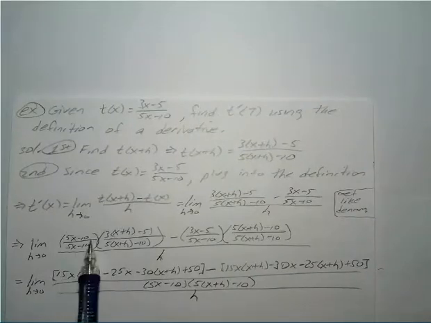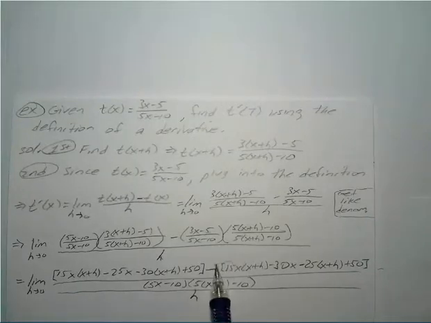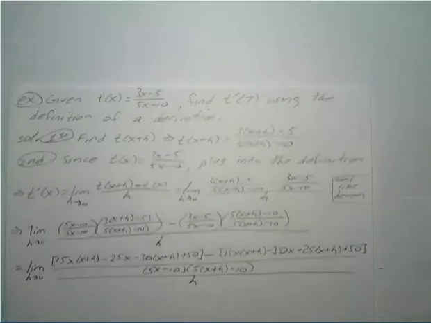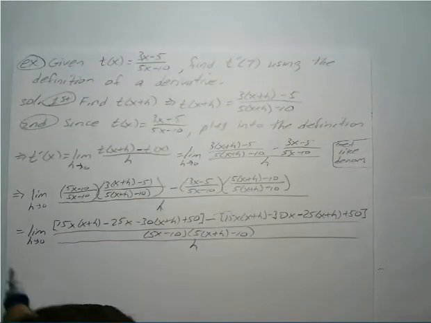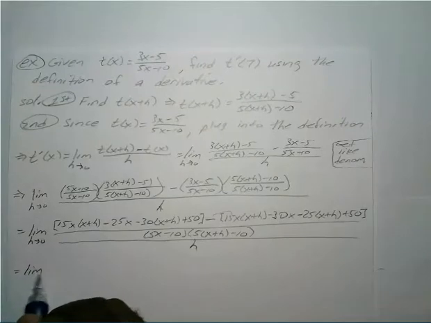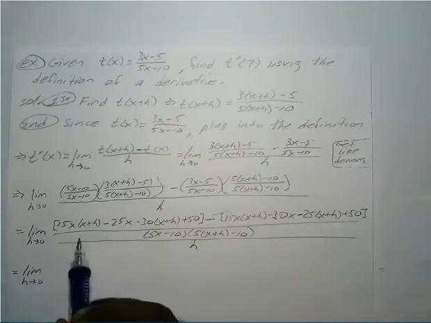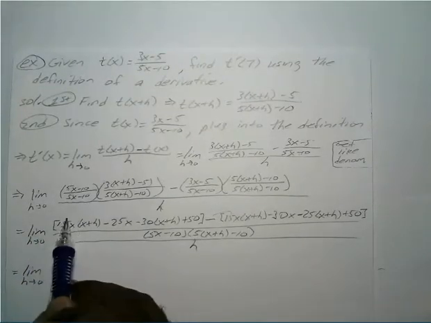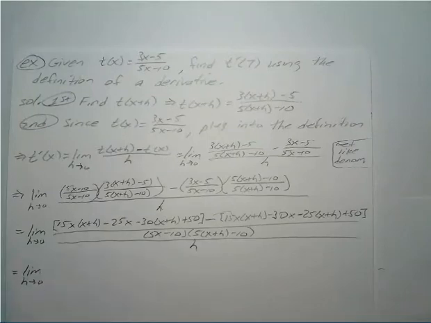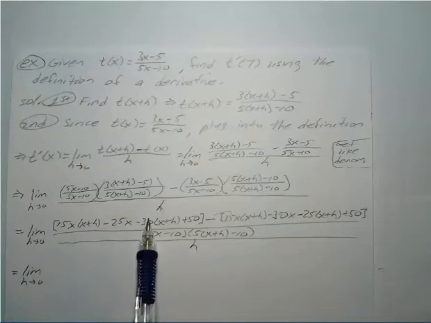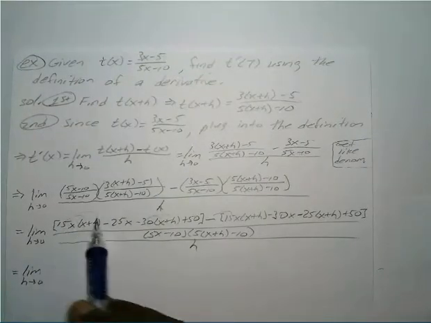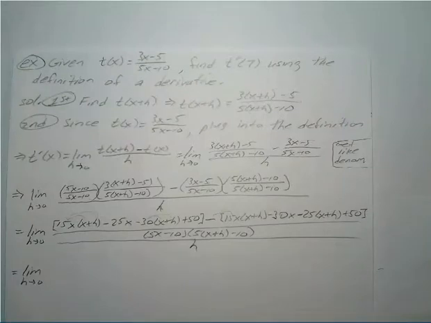Okay, so you can see here we kind of FOILed that one out. We're going to go ahead and distribute the negative sign there. So you have the limit as h approaches 0. Because we're going to need those, we can distribute to get rid of those parentheses.